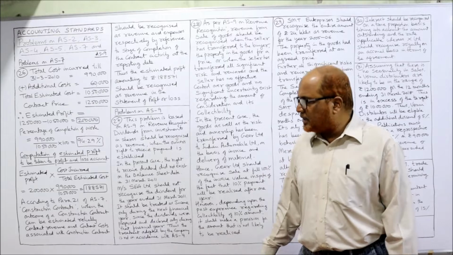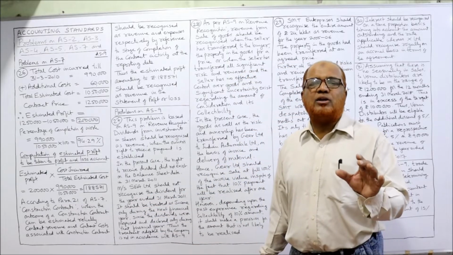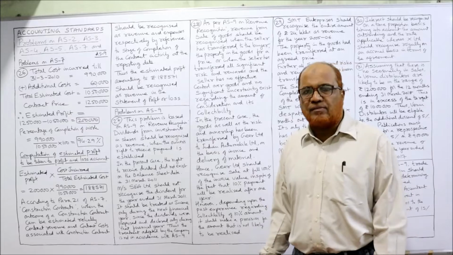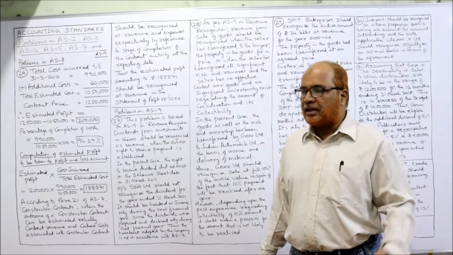So according to para 21, here I have explained you about the provisions of AS7 regarding the recognition of the amount to be taken to P&L account.